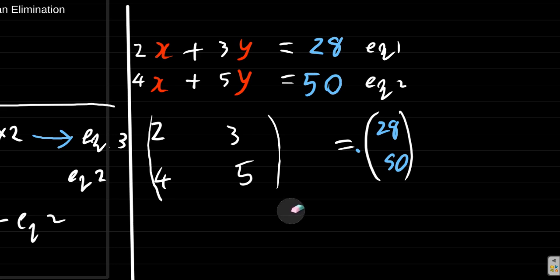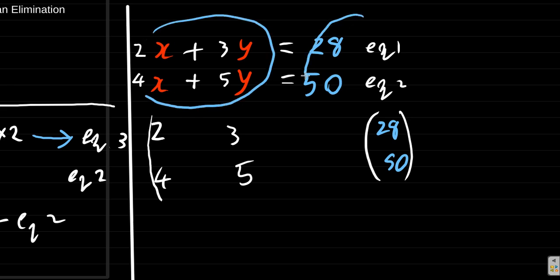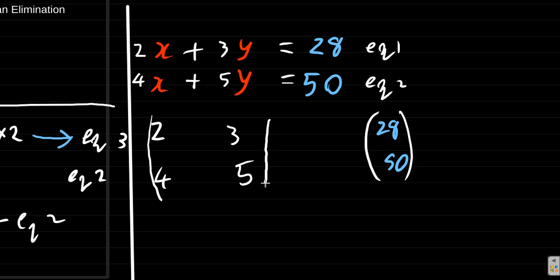What you do? Remove the equal sign. You want to separate the left-hand side of the equation from the right-hand side. To do that, you draw a vertical line. So this is our vertical line. And you write these numbers here. You have the 28 and the 50.